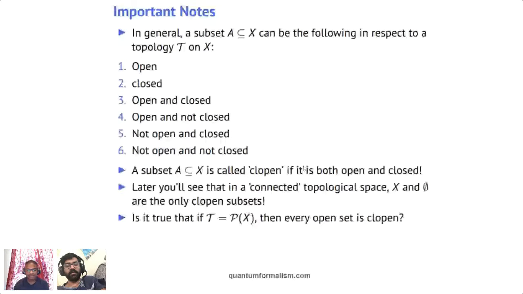In fact, later you will see something called a connected topological space, which we will cover in a later session. In a connected space, the only clopen sets are X and the empty set. So if you don't like all this stuff, you can just use connected topological spaces.